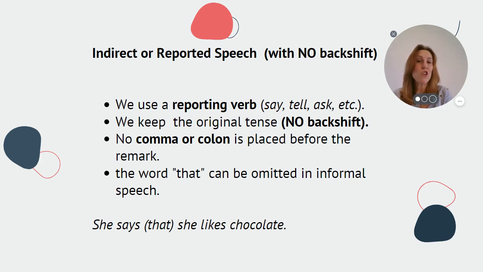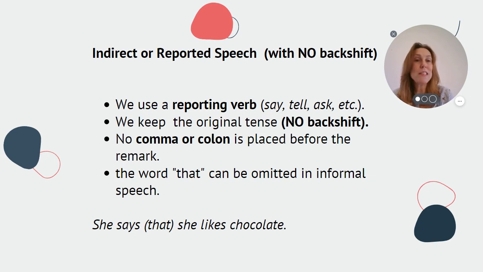Sometimes we need backshifting and sometimes we don't. Then when repeating a statement that is still true, in general, we don't need these verb changes, these tense changes. For example, "Ben is my boyfriend," she said. Well, she said that Ben is her boyfriend because he's still her boyfriend.